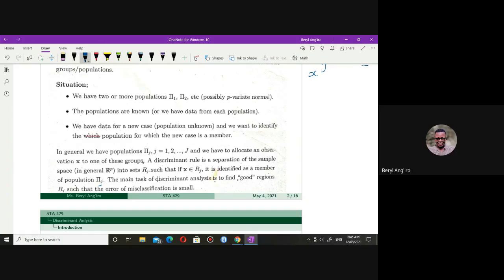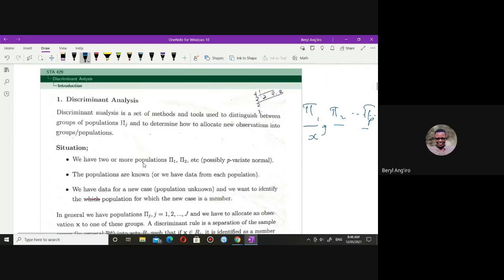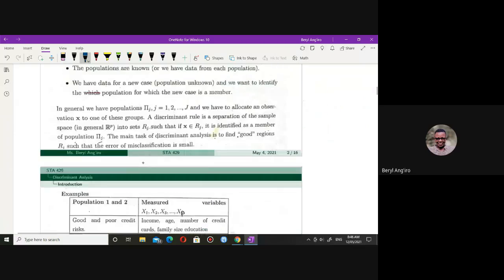The main task of discriminant analysis is to find good regions Rj such that the error of misclassification is very small. So you might classify x in population 1 while it belongs to population 2, and that will be an error of misclassification.